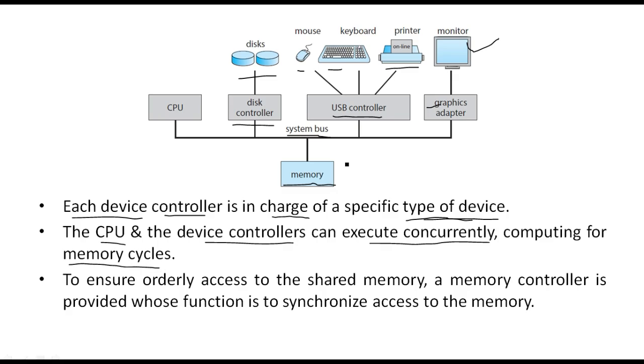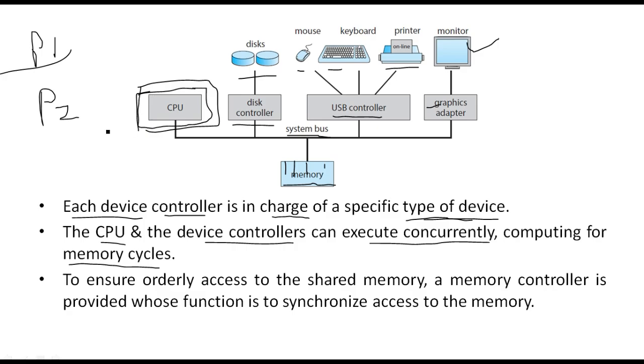So the memory cycles are concurrently executed by the devices as well as the CPU. For example, say process 1 and process 2 are executing concurrently. When P1 holds the CPU for a while, P2 can go for IO operations.